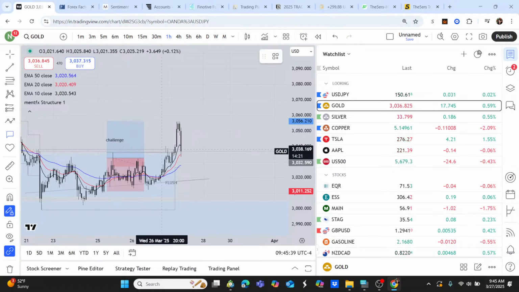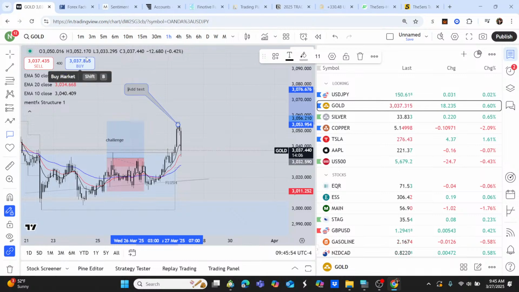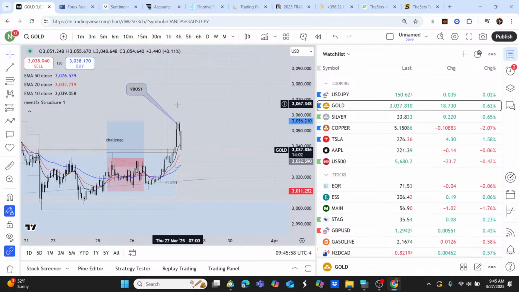Consider this the first one as it pauses. This could be the second one. One rule I do have is if it's too close to each other, you can consider the whole thing the first. So I can consider this one the first. So that's the validation, break of structure. One is pausing on that 20 right here.